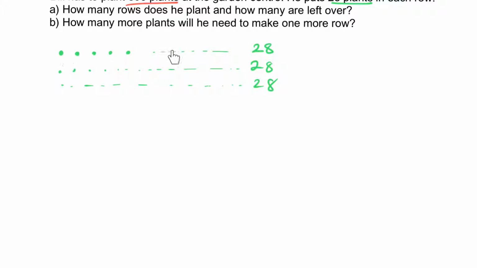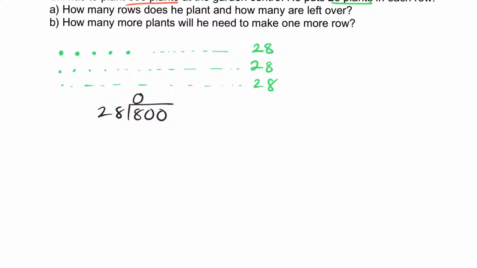So if in each row there are 28 plants and we have a total of 800, effectively the question is, how many 28s go into 800? So we do 800 divided by 28. How many 28s are there in 8? None.